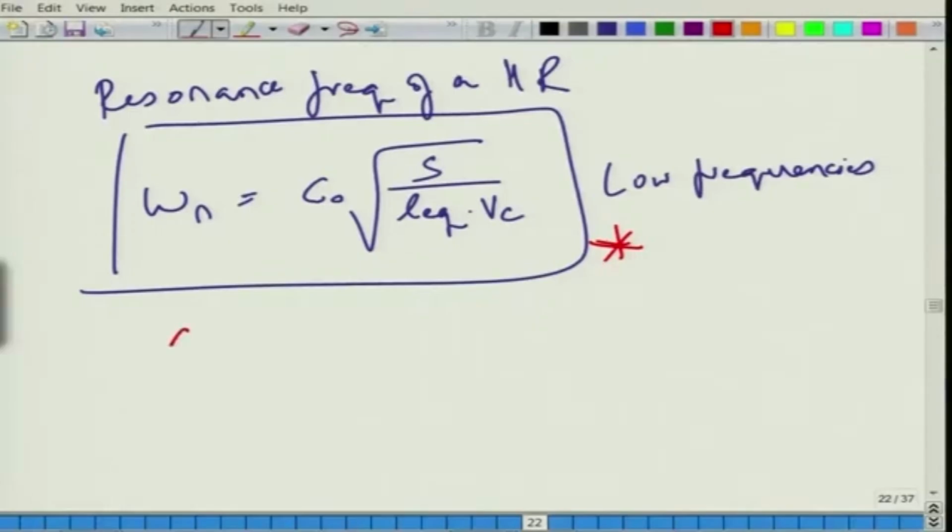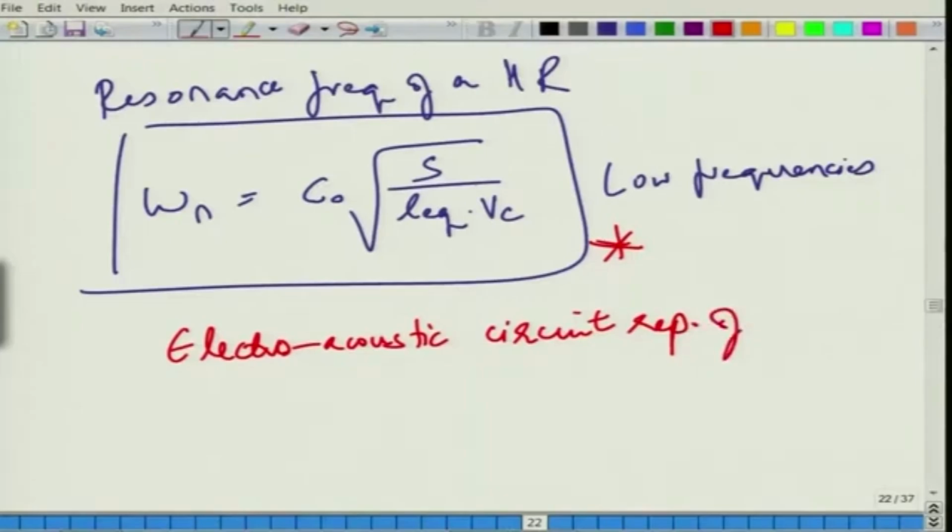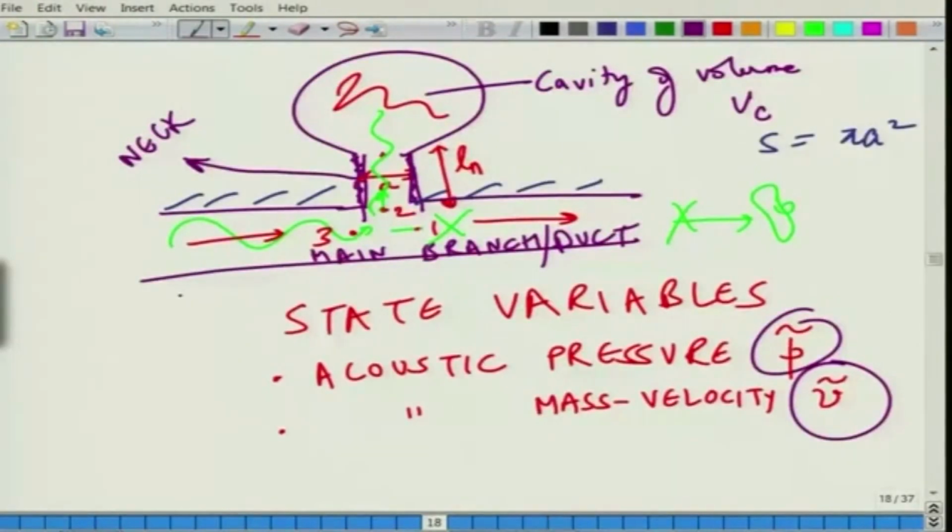And talking about the electro-acoustic circuit representation of a Helmholtz resonator, how does it look like? So, basically it would look like, I mean, the equivalent form of this one, I should have drawn it here. It is probably something like this.